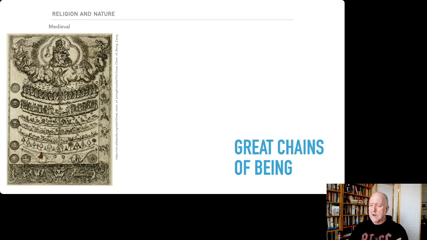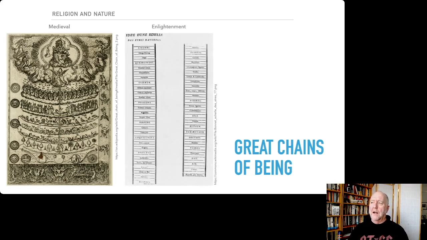By the late Middle Ages, early Renaissance, you're starting to look at a much more complex scale, which goes from minerals to angels and God is above all. Not surprising that you would get that sort of a hierarchy in a religious context. But even in natural history, we get a scale of being, or a chain of being, or a ladder of being, which this one is from 1745.